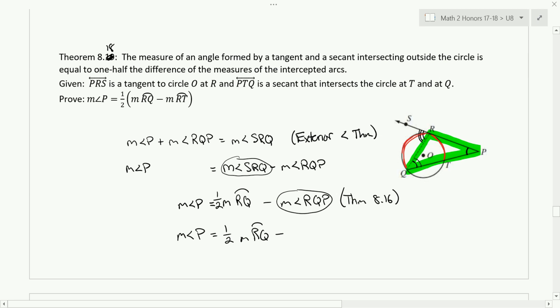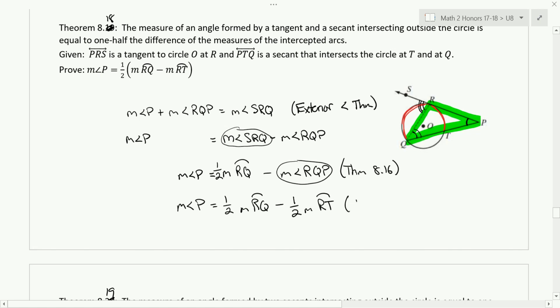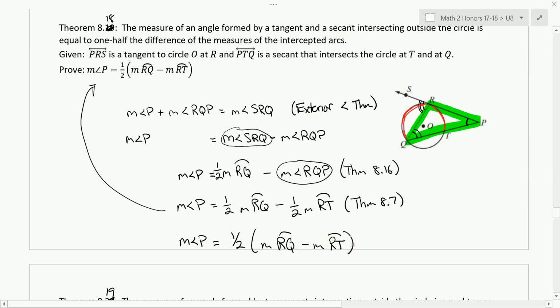It's called an inscribed angle, and the inscribed angle theorem says that's 1/2 the measure of which arc? RT. All right. And that was from theorem 8.7, I think. And then lastly, to get it looking like what we have up here, we need to do one more thing. What is that? Factor. So 1/2 the measure of RQ minus the measure of RT. Okay, we got that.